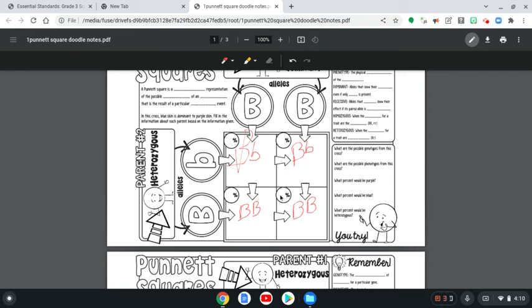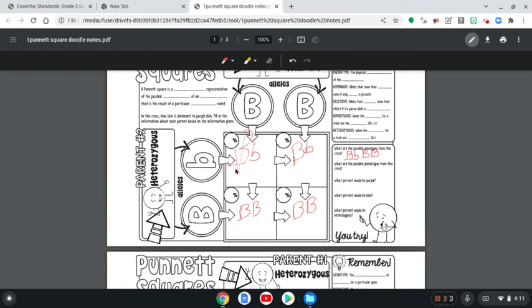Again, each one of these boxes is 25%. So if we're looking, what are the possible genotypes? This time we would do dominant B, recessive b. We would do dominant B, dominant B. Phenotypes.